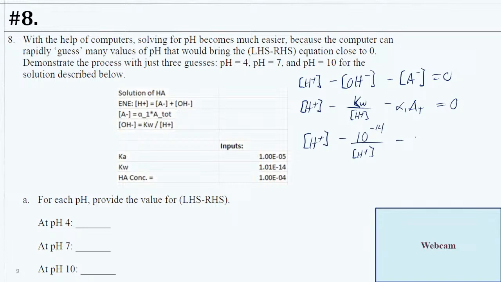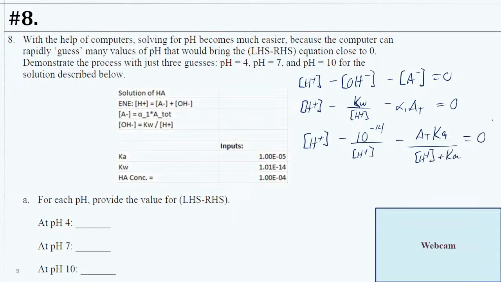But we could also include kind of the same deal here, A total. That was also given, the HA concentration. This should have been treated as A total here. And then multiply this by the Ka, divided by H plus plus Ka.